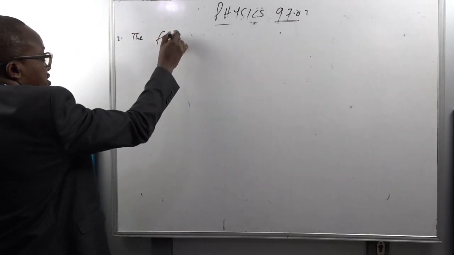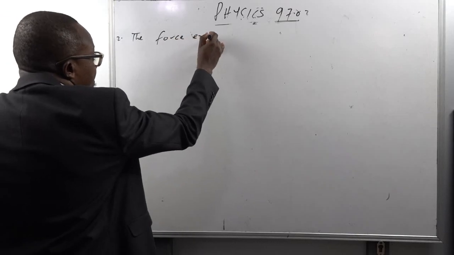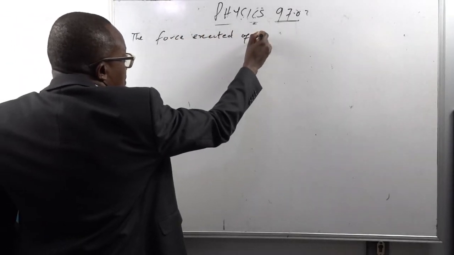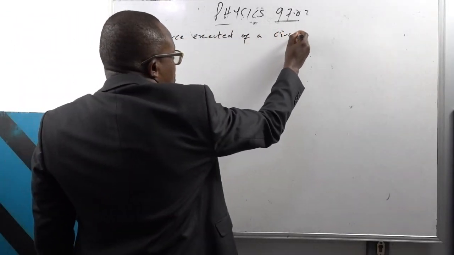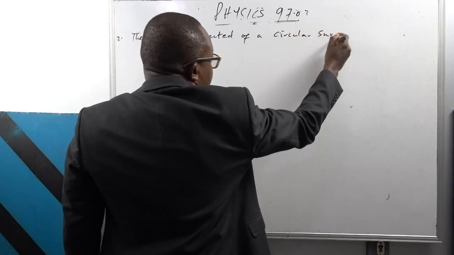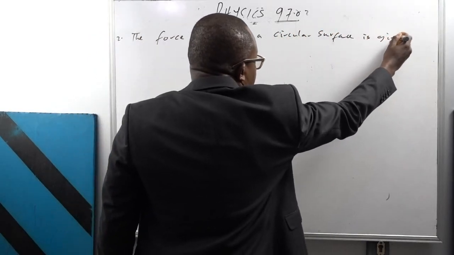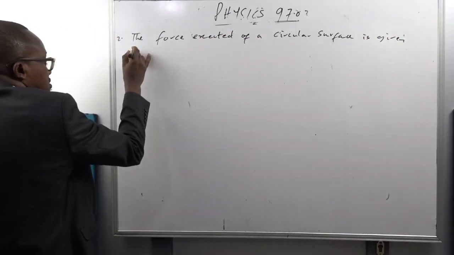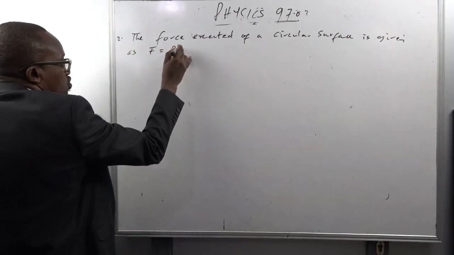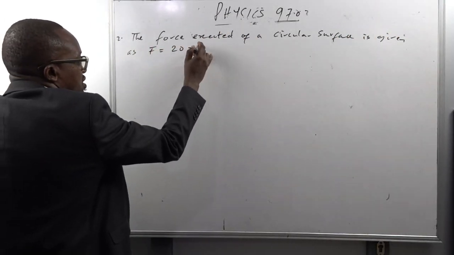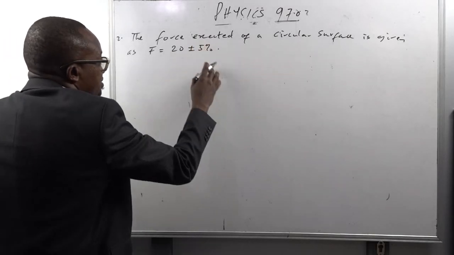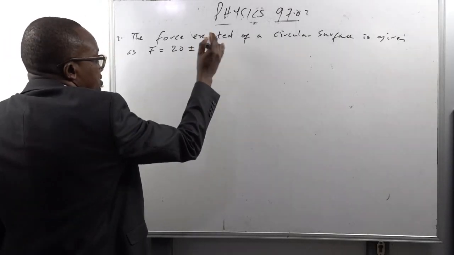The force exerted on a circular surface is given as F equals 20 plus or minus 5% newtons.